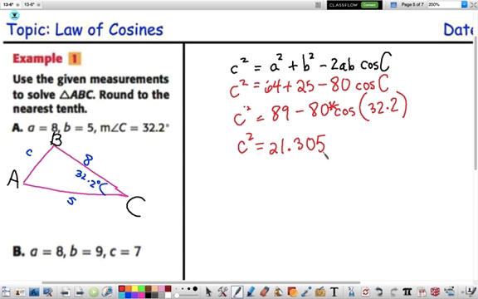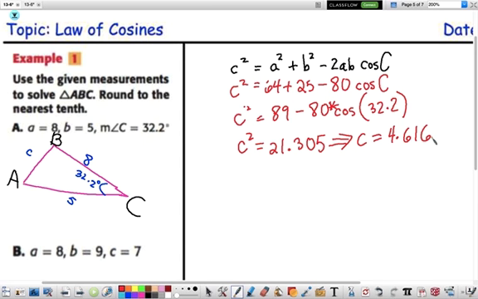So that means c is equal to 4.6, and keep it again with the thousandths, 4.616. c is equal to 4.616. Great, so we found c.